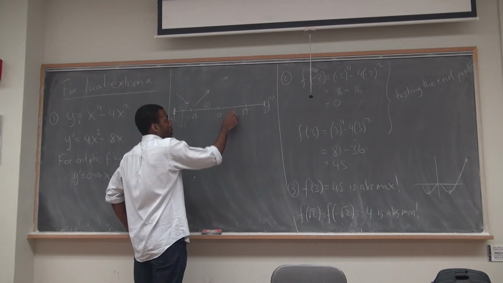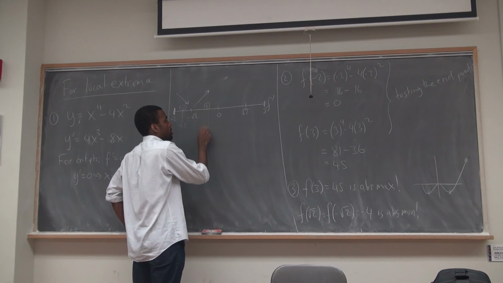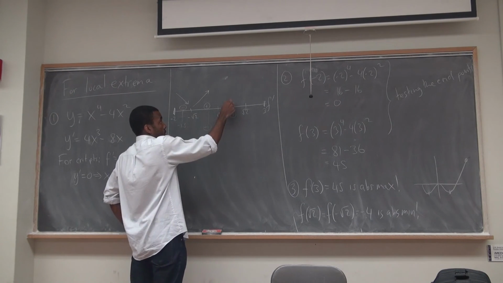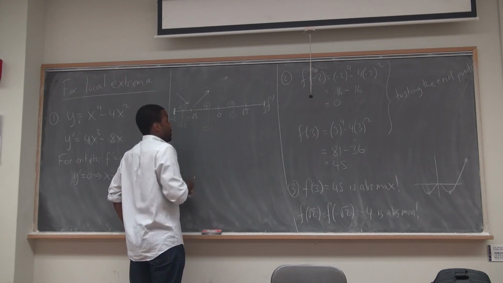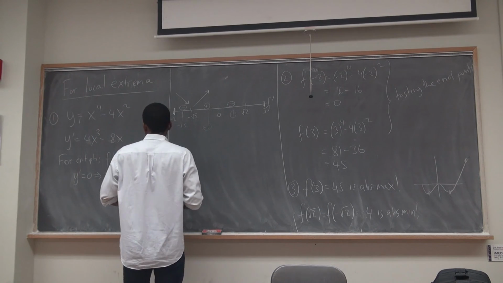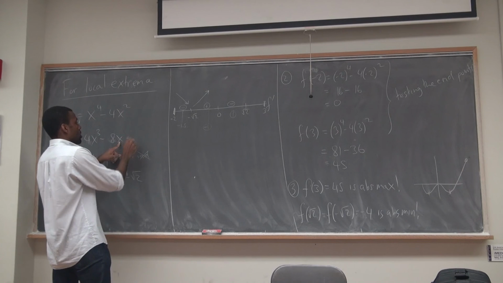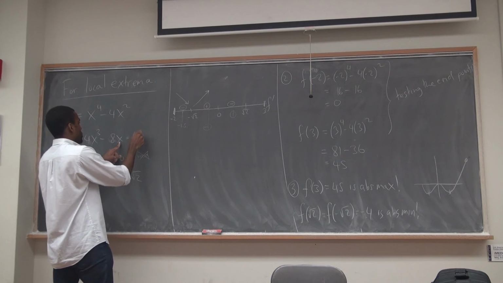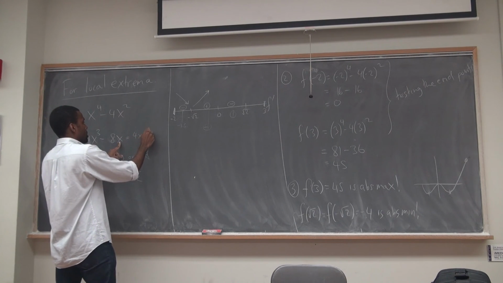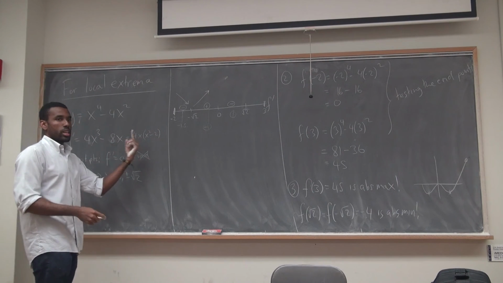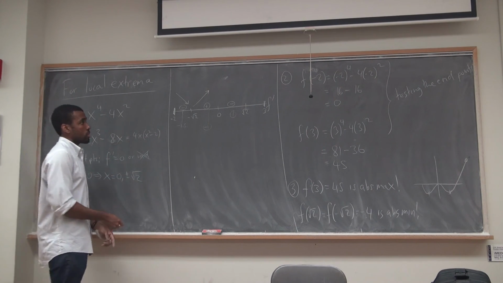Plug in a number here like a minus 1. Plug in a number here like a 1, that would actually give you a negative number if you actually plug into this function, right? Which I always recommend, plug into the derivative function, which I'd always recommend to factor. It's easier to plug in the factors and say, oh, it's a negative times a positive, right?